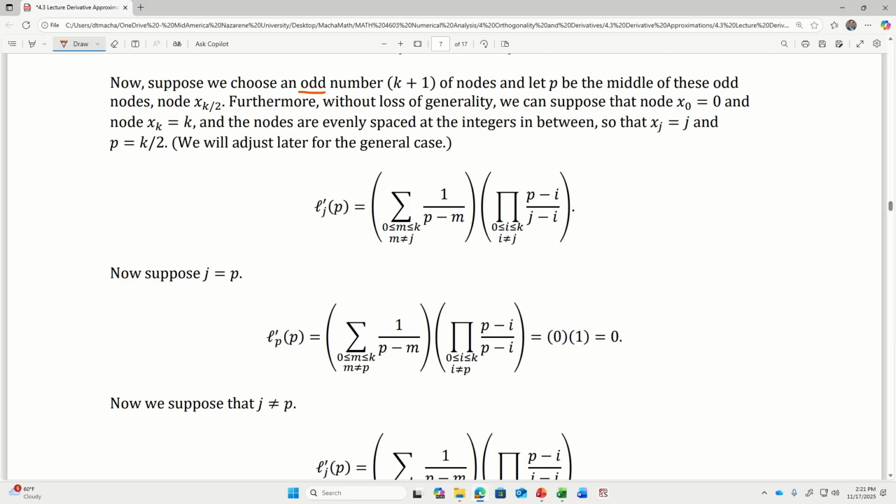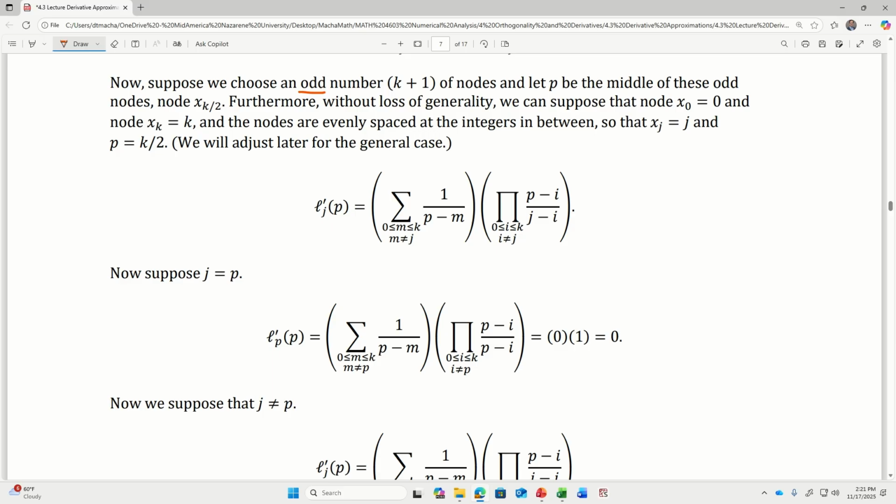Suppose we consider the case where I set the Lagrange basis polynomial equal to the midpoint where I'm calculating my derivative. Then this is what it looks like. And this part, the sum, is going to turn out to be 0. It's going to turn out to be 0 because there's going to be a bunch of positives where m is less than p, being the midpoint, and then there's also going to be a bunch of negatives where m is greater than p.